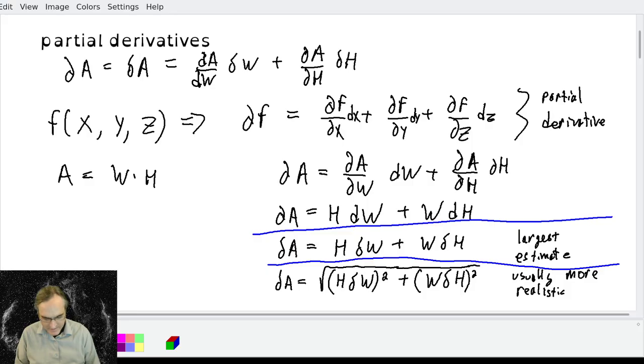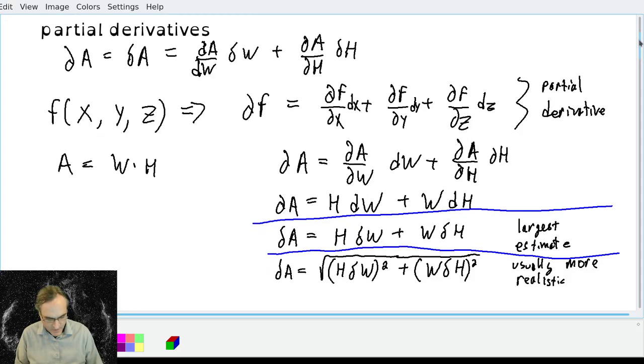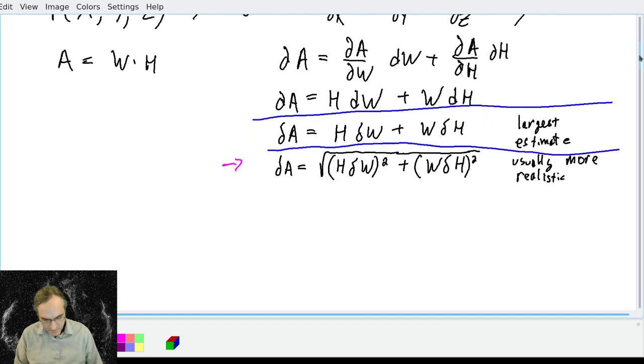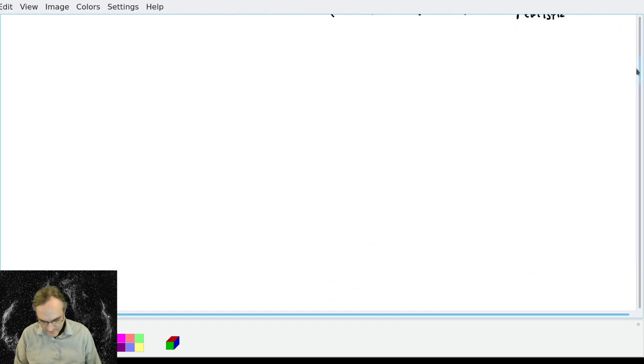So that gives a basic idea how it works. It works on literally anything though. So I'm going to focus primarily here on the best estimate. And I'm going to show a few examples.